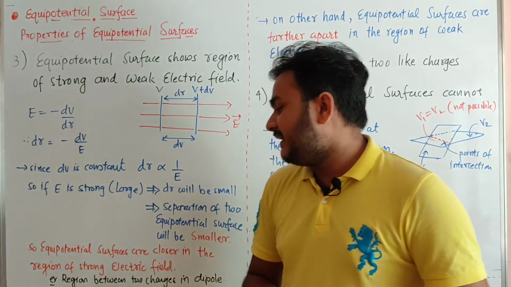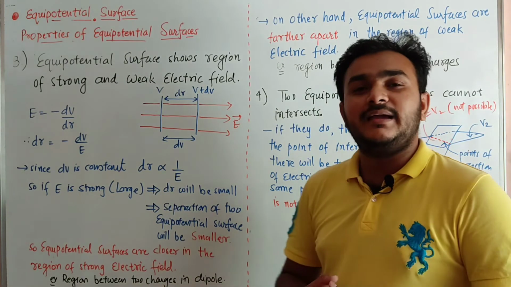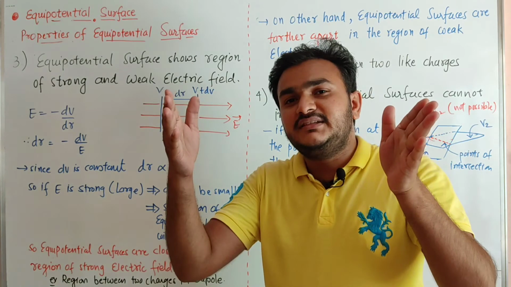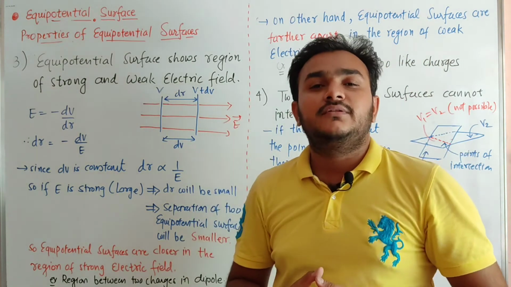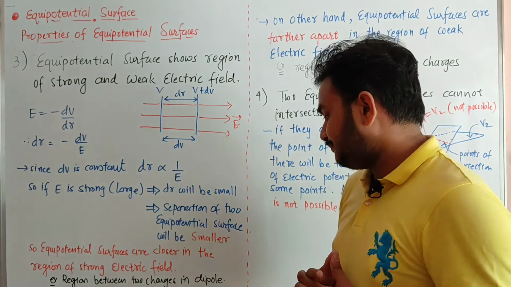And you might have observed in the previous drawing that in the region between the two charges in the dipole, where the positive charge is there and the negative charge is there, in the in-between region the equipotential surfaces are closer with respect to each other, and that shows the strong electric field region.